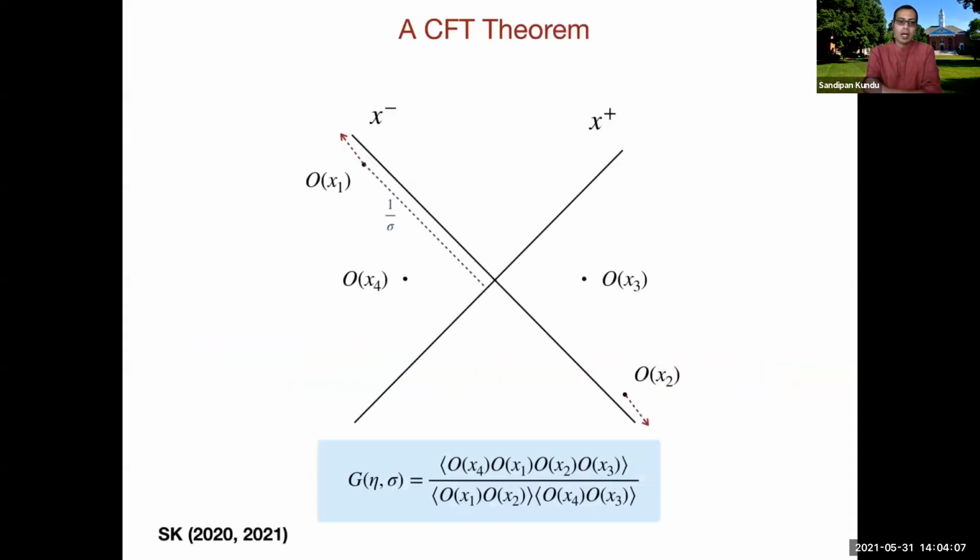Okay, so the way I'm going to answer this question is by considering a very specific CFT theorem. It's a theorem about the CFT Regge correlator. So let's consider this specific CFT correlator, a 4-point correlator, where these O operators are inserted as shown in the figure.